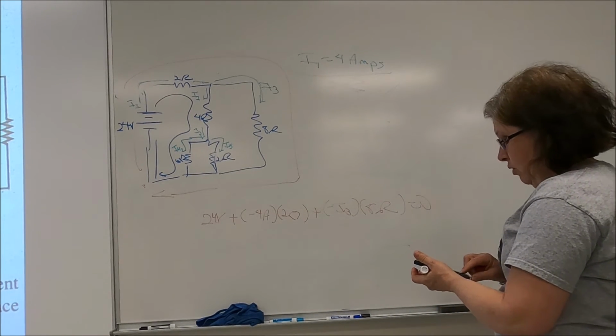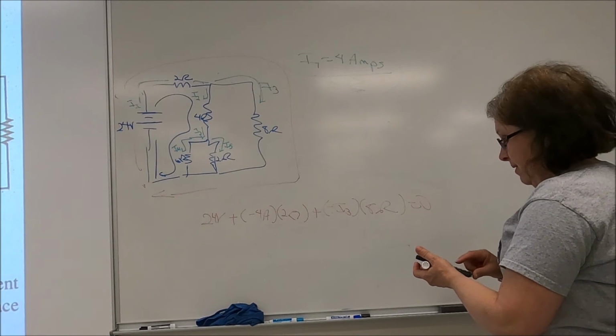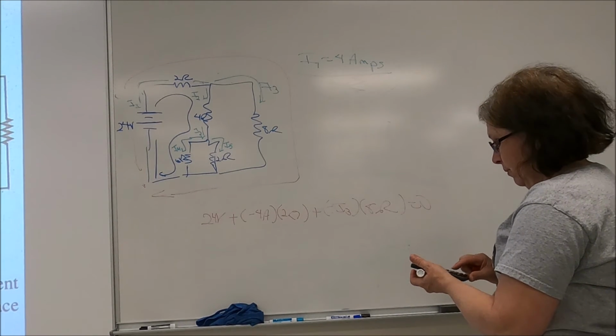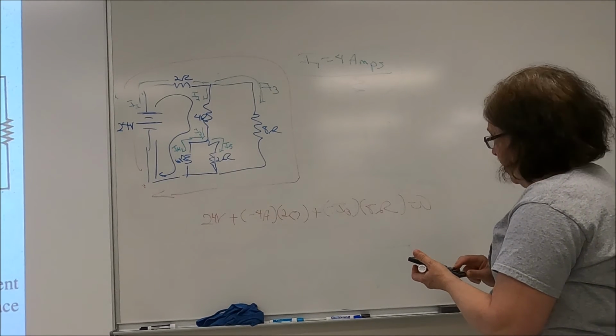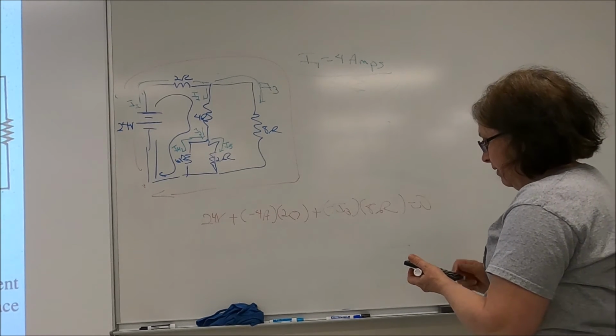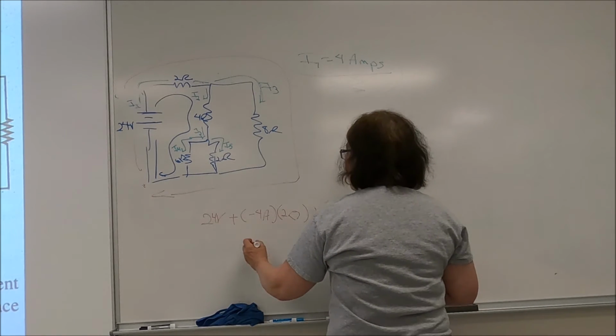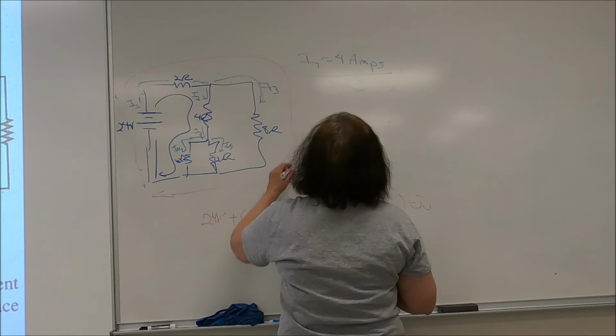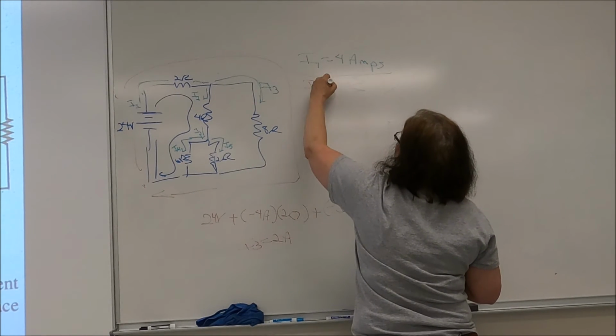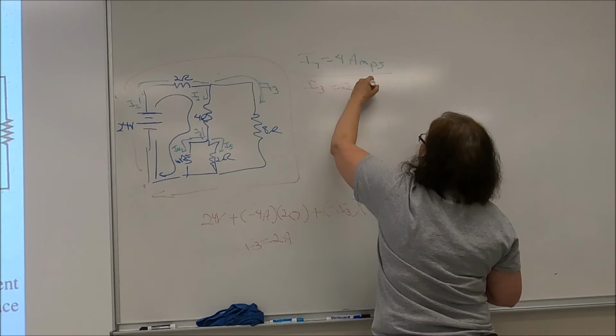So 24 minus 8, and then I'm going to divide by 8, gives me I3 as 2 amps. So I3 is 2 amps.